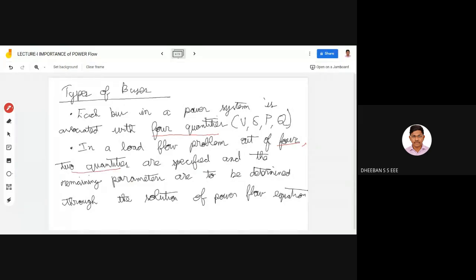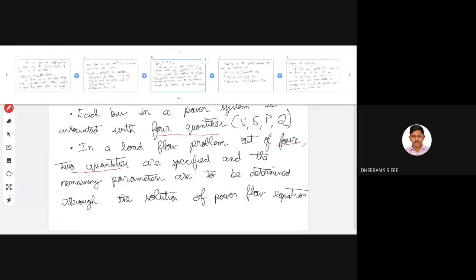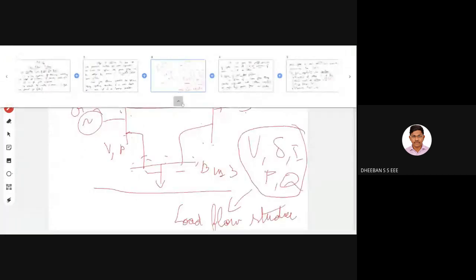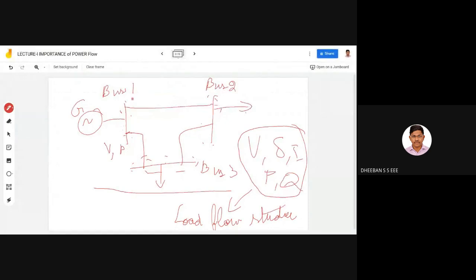So in your load flow problem, as I said, we can come to the template of this problem itself. Here, you might know the data of your bus 1, but you won't know about your bus 2 and bus 3. That you have to calculate.